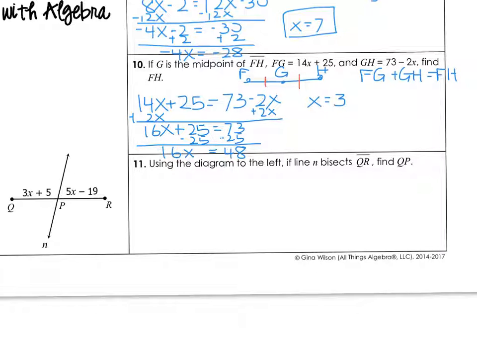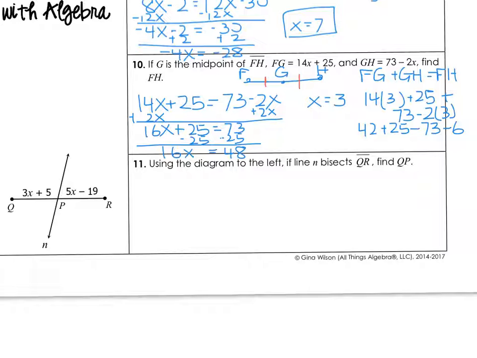Okay? FG is, I'm going to run out of space here, 14 times 3 plus 25. And I know GH is 73 minus 2 times 3. Okay, so 14 times 3 is 42. Oops, that should be a minus sign. Minus 73 minus 6.